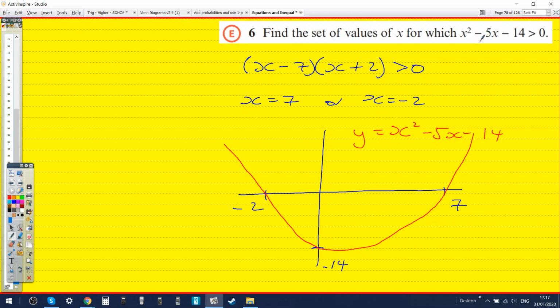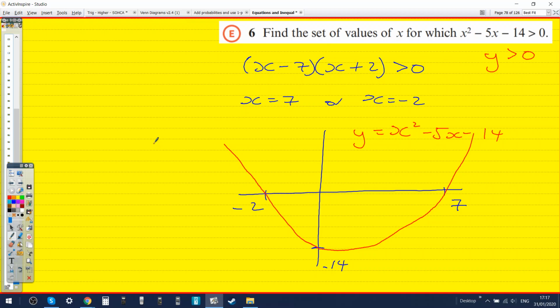So we did y equals x squared minus 5x minus 14. X squared minus 5x minus 14 is equal to y. That's the graph we did. And so we want where y is greater than 0. So where on our graph is y greater than 0?